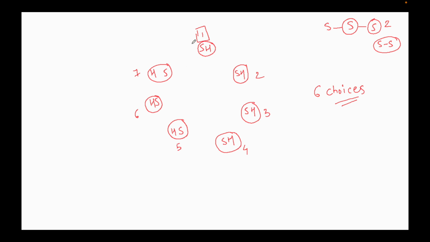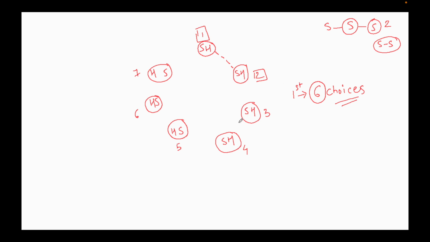So the first cysteine residue has a total of 6 choices. Okay, so let's assume that it forms a disulfide bond with cysteine residue number 2.